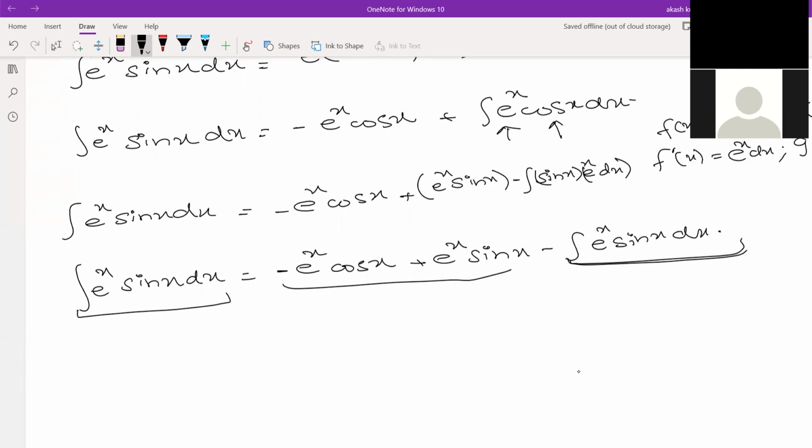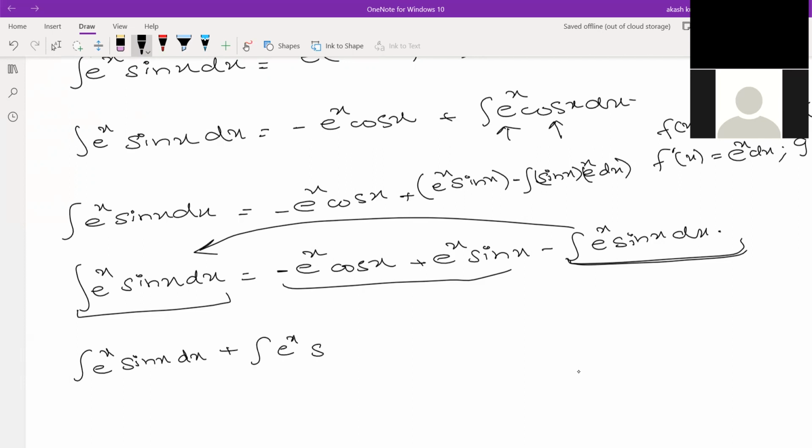Yeah. Okay. For that, we have to take this term to the right hand side of the equation. So it becomes the integral of e^x sine x dx; if it's minus here, it becomes plus here. And then equals minus e^x cos x plus e^x sine x.